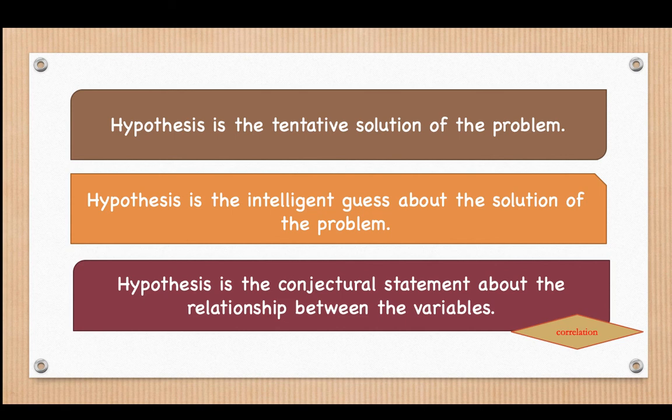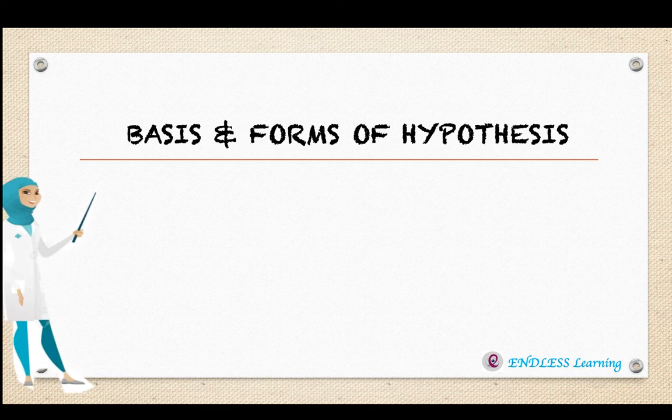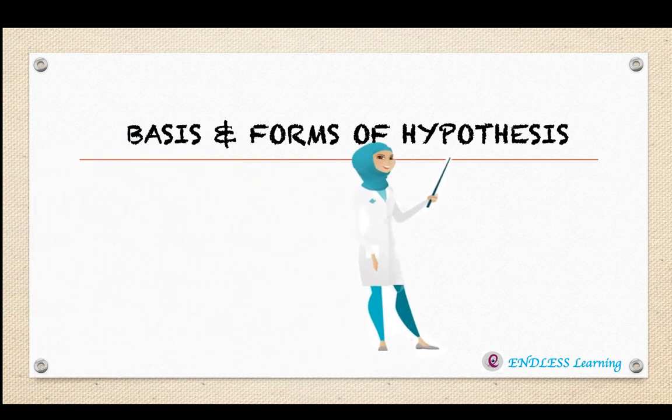Thus, the formulation of the hypothesis is a must in correlational, survey, or experimental research. The researcher cannot state the hypothesis in any form that he or she wishes. There are some bases for formulation of the hypothesis.